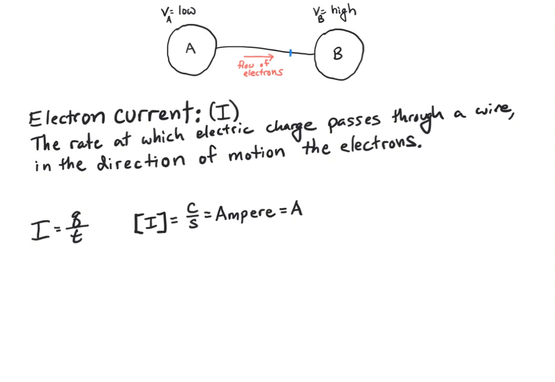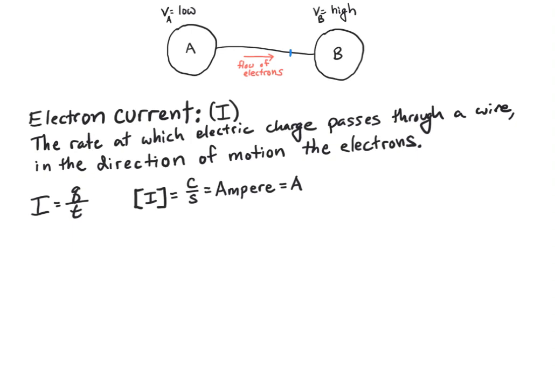So when Benjamin Franklin did this, he said the current flows from high potential to low potential. But he was talking about what positive charges would have done. And positive charges would have done that. They would move from high to low potential, because high potential means more positive and low potential means more negative. And positive charges would like to get away from other positive charges and move towards negative charges.